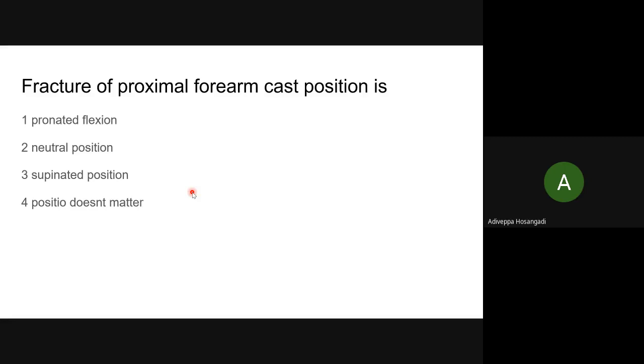So if there is a proximal 1/3 fracture, the biceps, a supinator, will keep the proximal part of the forearm in supination. So you have to keep the distal forearm also in supination. If the fracture is in the middle 1/3, keep it in mid-prone position. If the fracture is in the distal 1/3, it has to be kept in pronation.